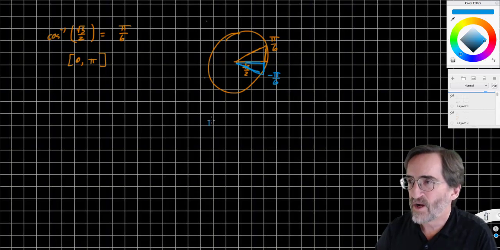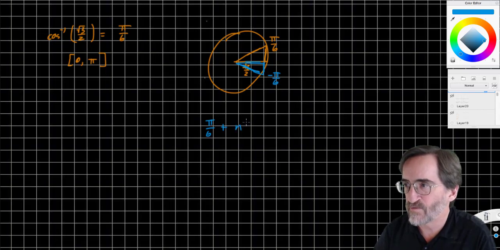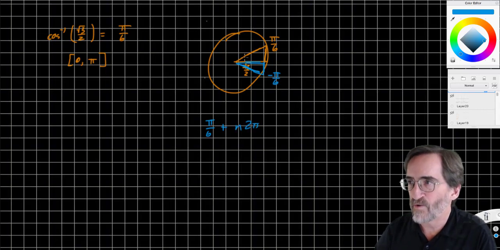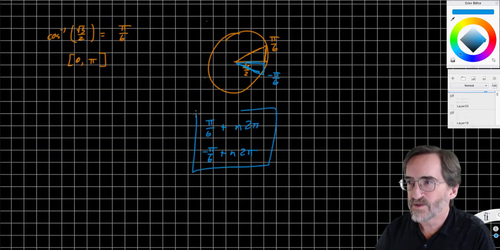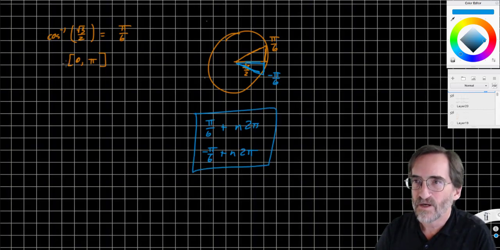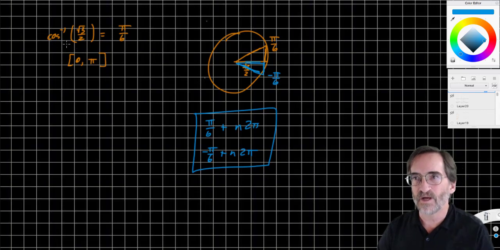So pi over 6 is one solution, plus any multiple of 2 pi, going all the way around. And it's also negative pi over 6 plus any multiple of 2 pi. There's infinite solutions to the equation that says cosine of what angle is root 3 over 2.